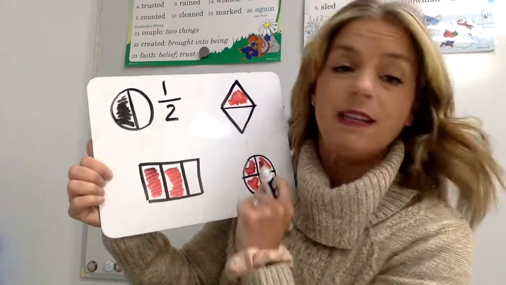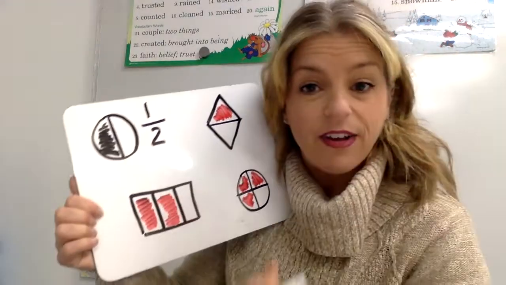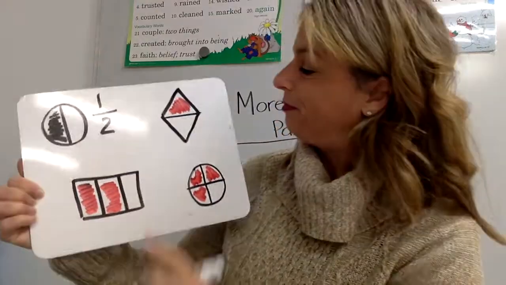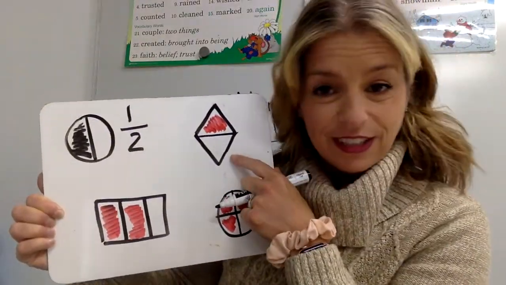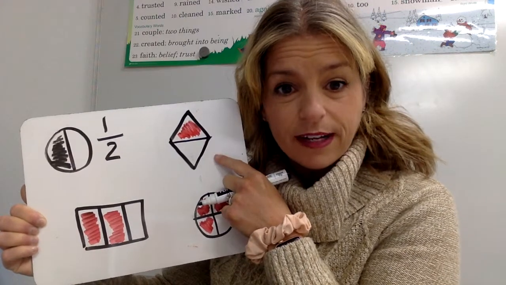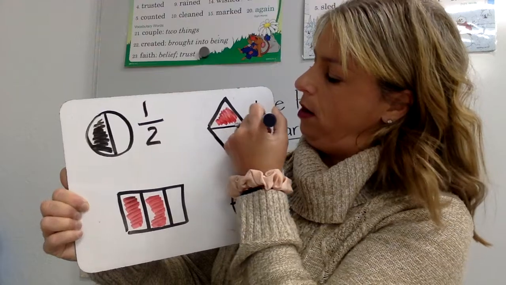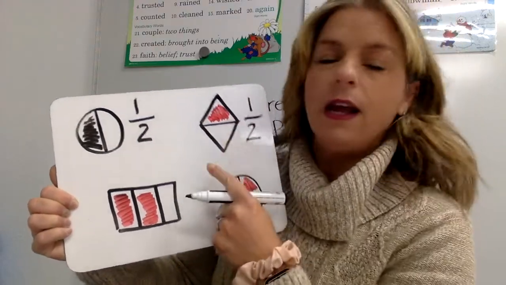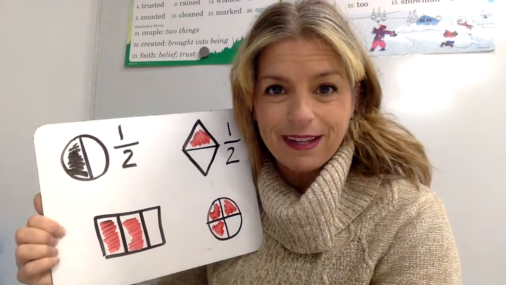Okay, and that would be said as 1/2. So 1/2 of the circle is colored. Next one. What fraction is this, and how would I write it? 1/2. 1/2 of the diamond is colored.